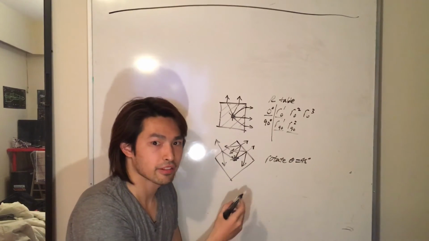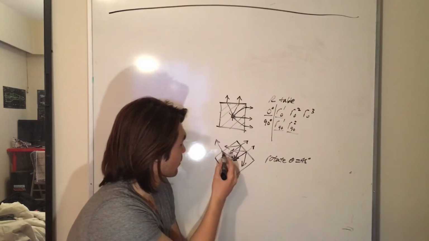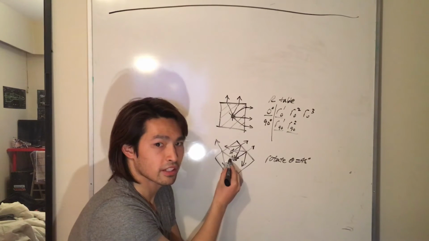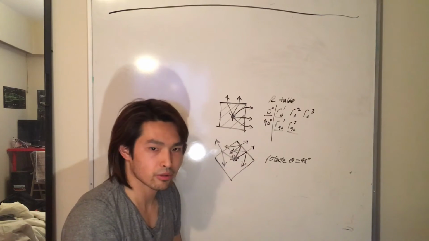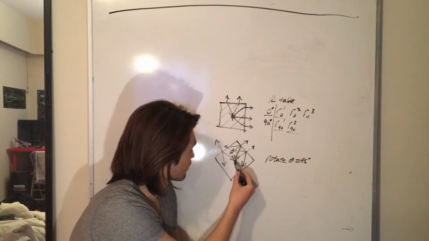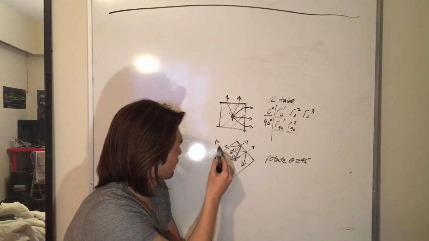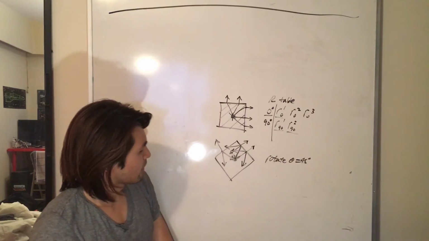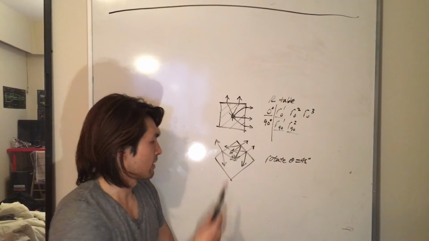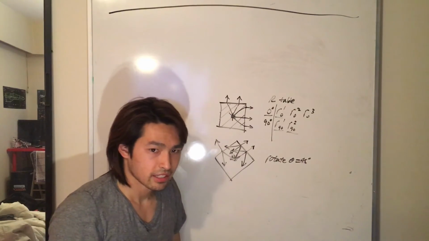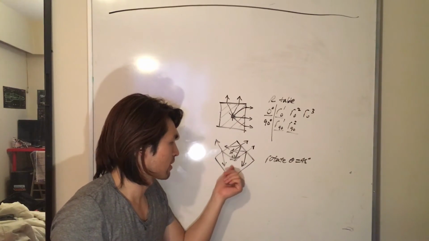Now I have 3 votes on this point: this one from the 90 degrees, this one from 0 degrees, and this one from 0 degrees. So now I recognize that this is indeed my reference point, and this object has indeed been found, and it's simply rotated by 45 degrees. That's how I'm able to recognize this.